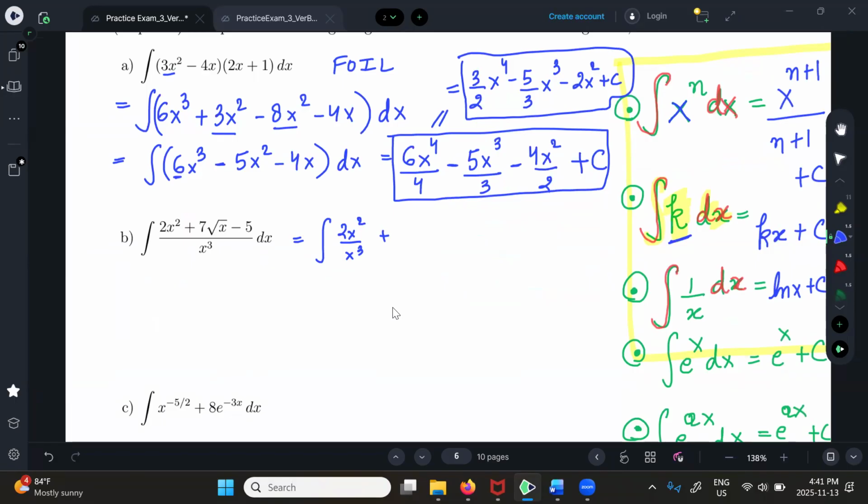Because I have to fit my solutions here. 7 root x. So the x cube goes with everybody. Everybody gets the x cube. Good. And copy the dx as it is, because the integral symbol and dx are part of the question, okay? You are only focused on what's in the middle.